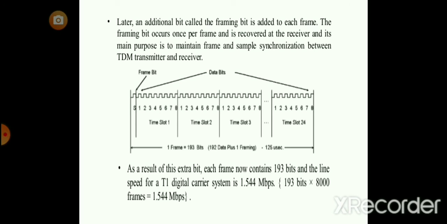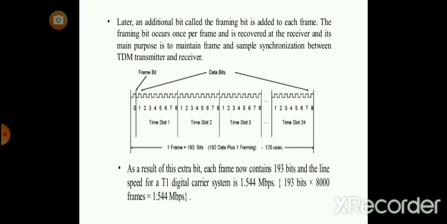Later, an additional bit called the framing bit is added to each frame. The framing bit occurs one per frame and is recovered at the receiver, and its main purpose is to maintain frame and sample synchronization between TDM transmitter and receiver. The figure shows frame bit, time slot 1, time slot 2, time slot 3, time slot 24 data bits.